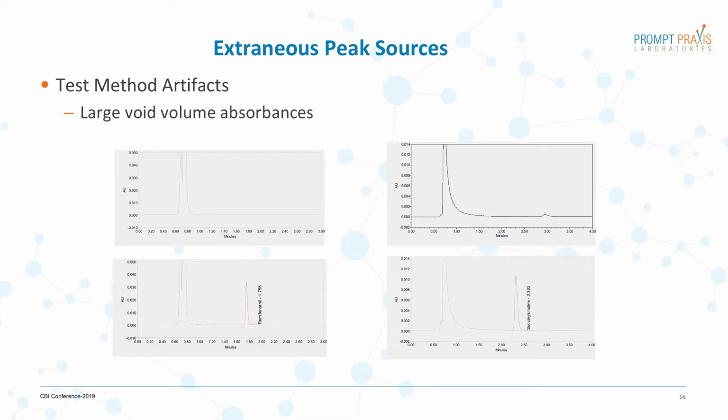And I wanted to give some real-life examples of some of the materials or information and idiosyncrasies from our methods that we have a knowledge of. Here I have remifentanil and succinylcholine. One has a very unique diluent, and you see a large solvent front. The other, very high ionic pairing agent, and you also see materials there.